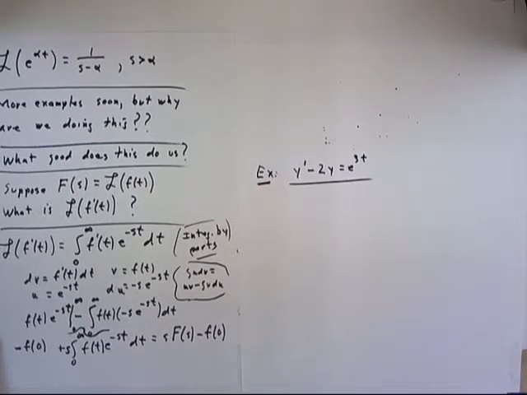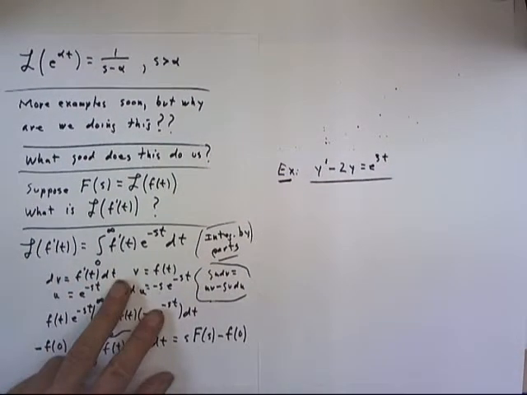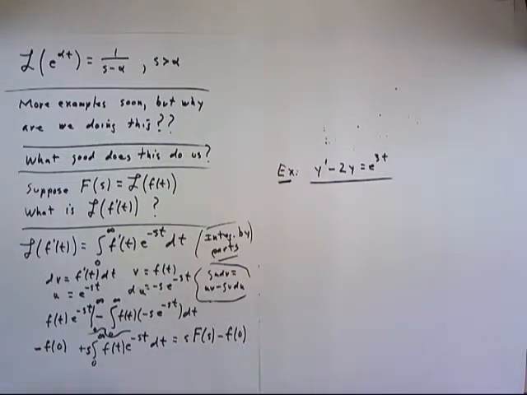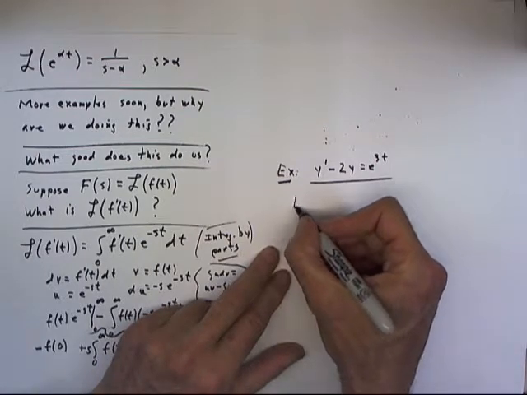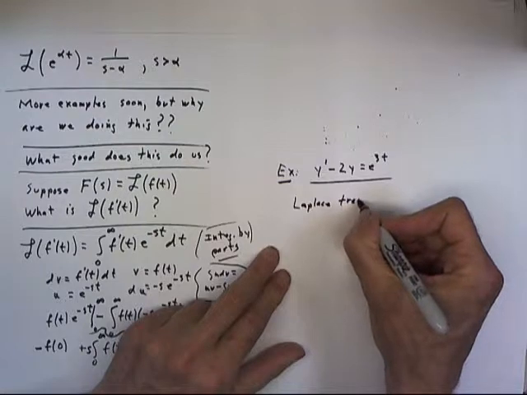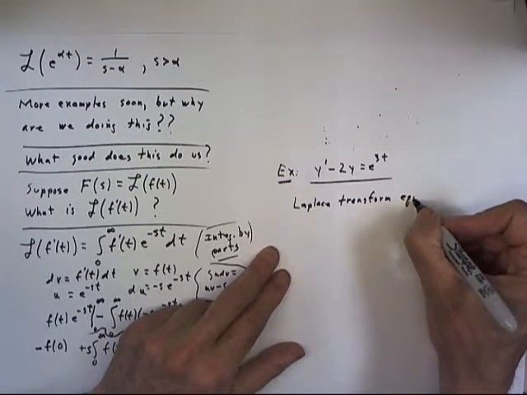Matter of fact, at this point of the course, that's been a little while, you might have forgotten how that worked. But you remember that it's not the most difficult process, but it's not by any means quite trivial. Okay, so let's Laplace transform our equation.